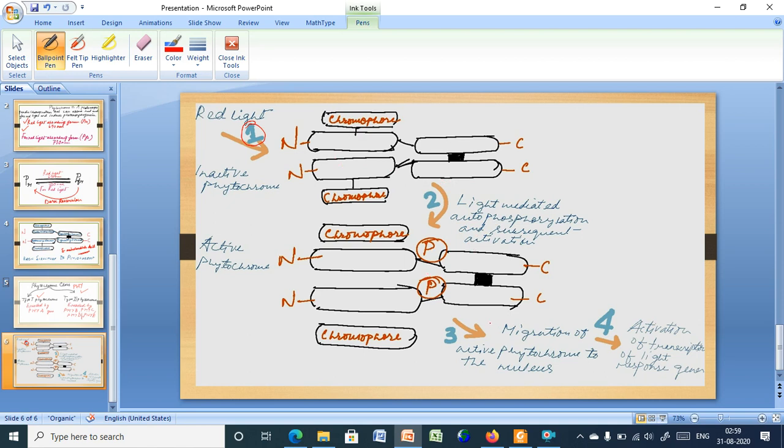Now, this activated phytochrome migrates into the nucleus, and ultimately leads to activation of transcription of light response genes. And finally, the photomorphogenetic responses.